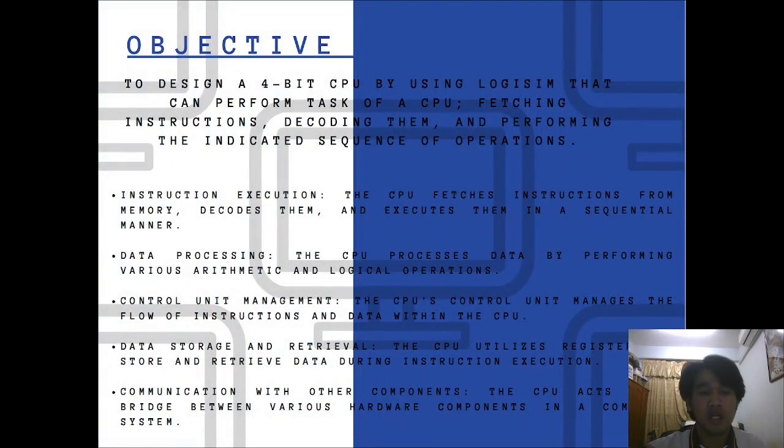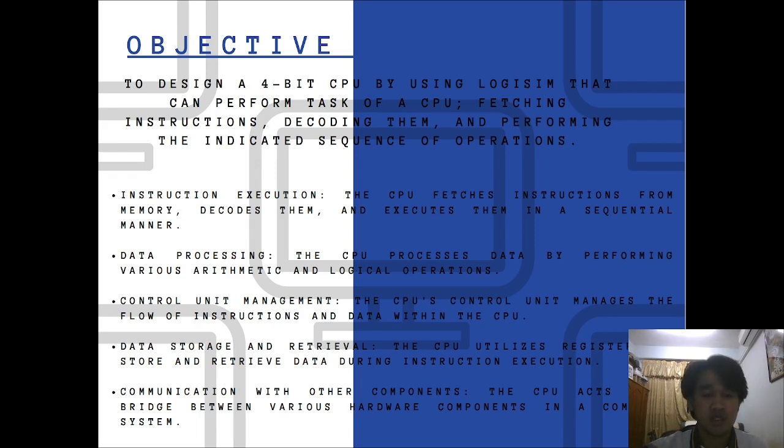Okay, for the objectives of this project, to design a 4-bit CPU by using Logisim that can perform the tasks of a CPU: fetching instructions, decoding them, and performing the indicated sequence of operations.